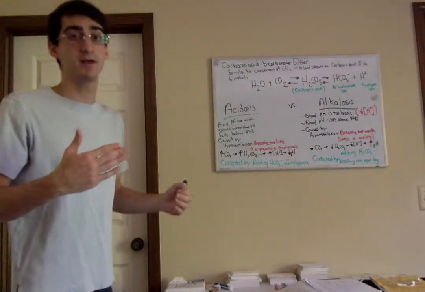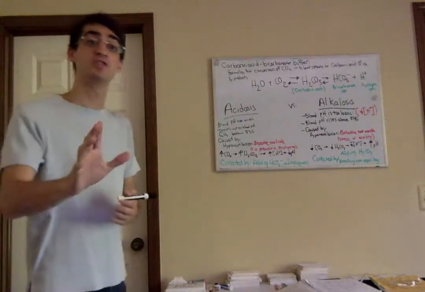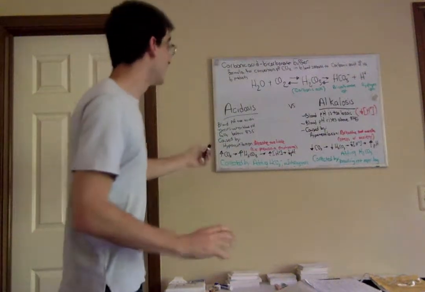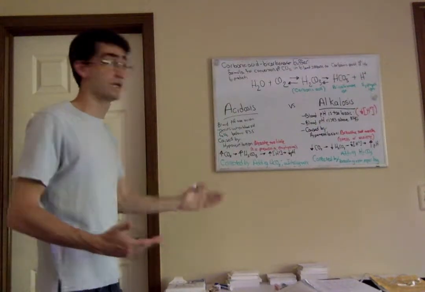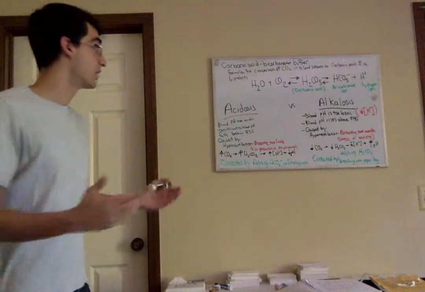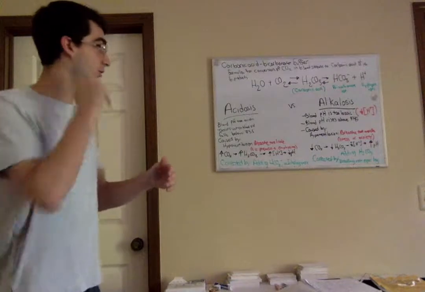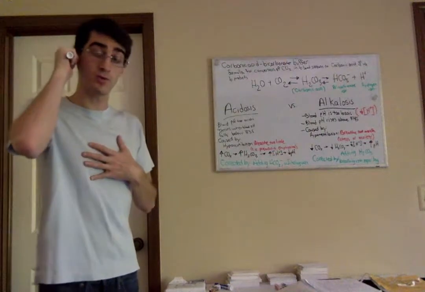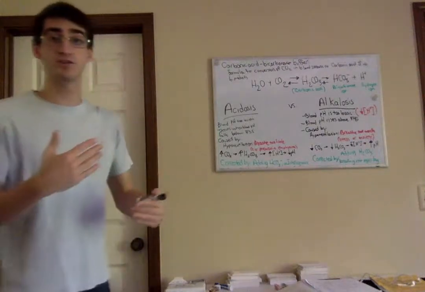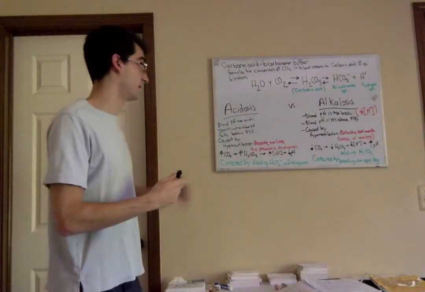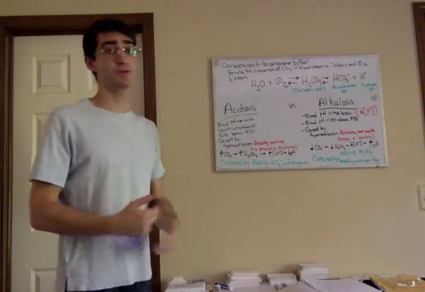Our body doesn't like that. Our body likes 7.4, not 7.35. That's too acidic. Now, what might cause this? What causes acidosis is hypoventilation, breathing too little. Here's a little trick I use to memorize the causes of alkalosis and acidosis: hypoventilation.